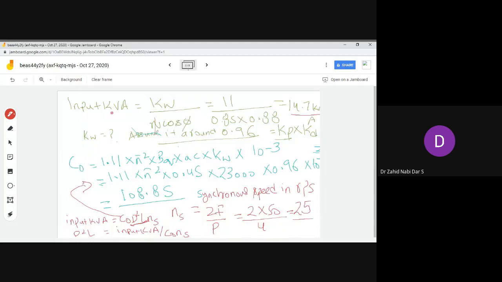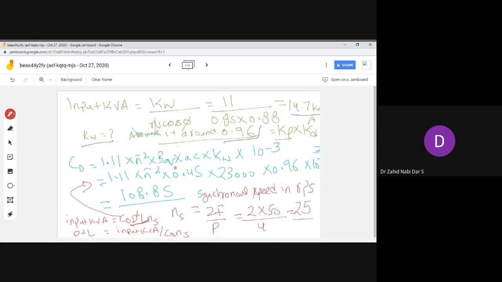Then we saw the input kVA is equal to kW by efficiency into cos phi. kW was given 11, efficiency 0.85, power factor 0.88. We calculated the value of input kVA as 14.7, and then kW was missing, so we assumed it around 0.96. Put in the output equation, C naught is 1.11 pi square BAV AC kW into 10 power minus 3.